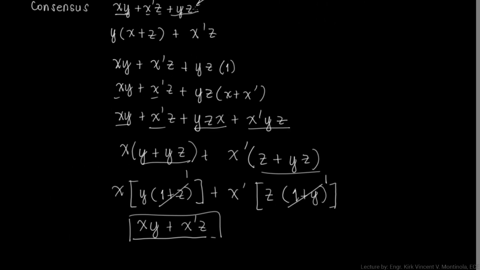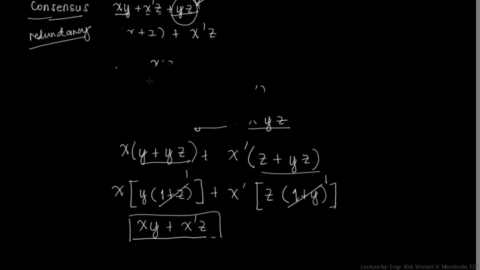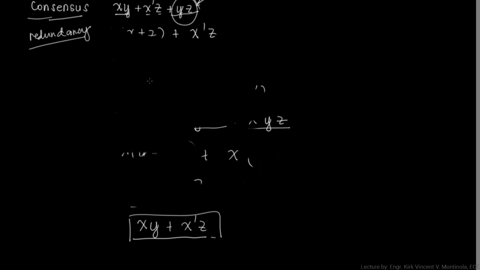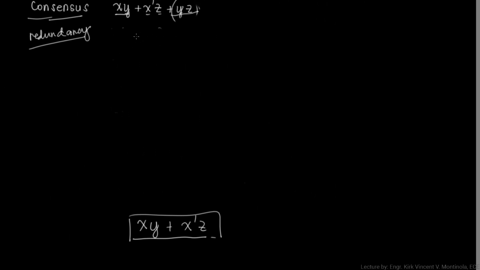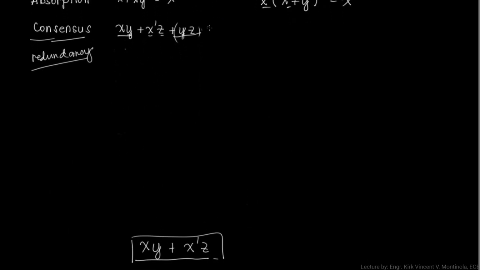If you could notice, this term is just extra. That is why we call the consensus a redundancy. So we rewrite this into its theorem: xy plus x prime z.